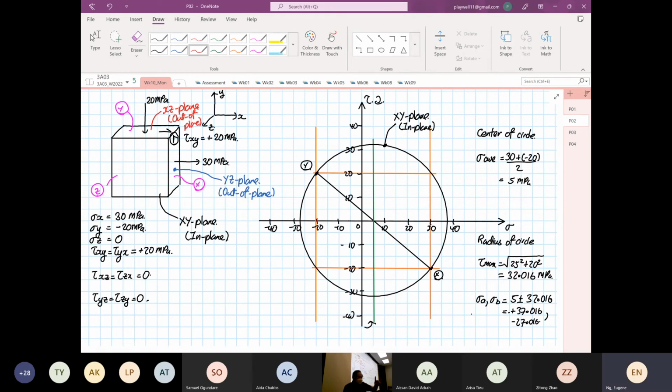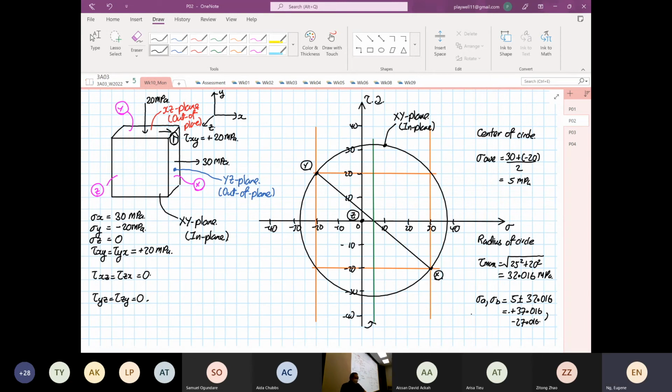Now we are going to locate point X. Point X is exactly over here. Sorry, point Z. That is point Z. And why is that point Z?